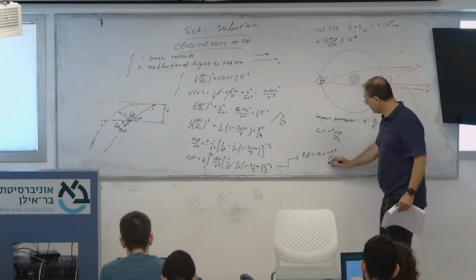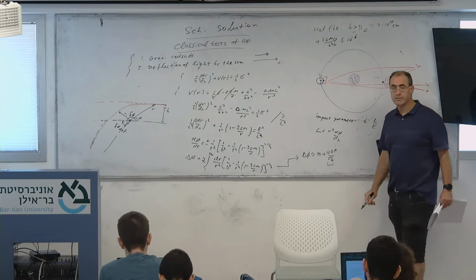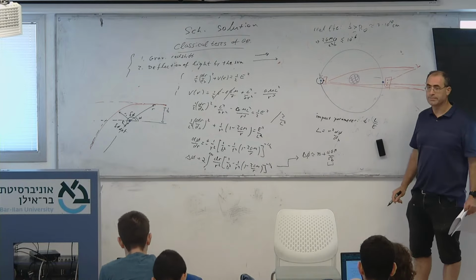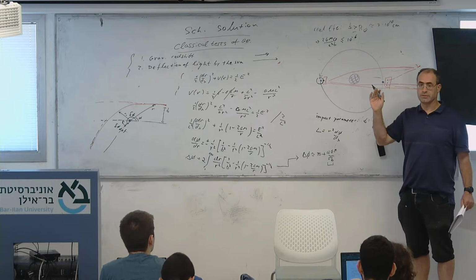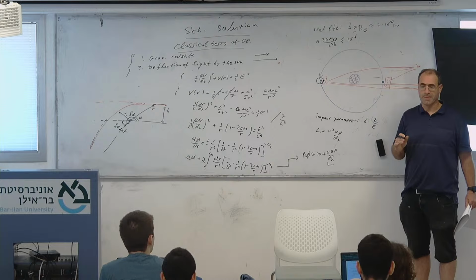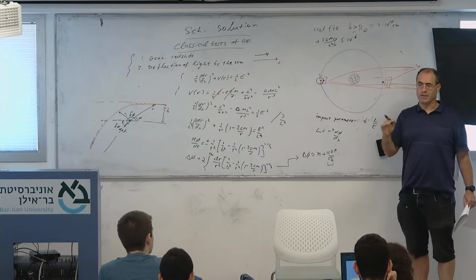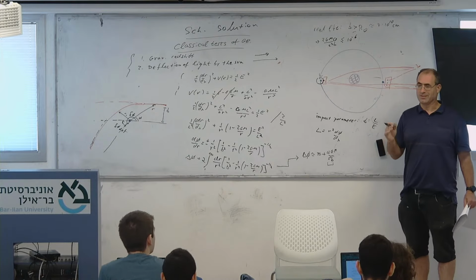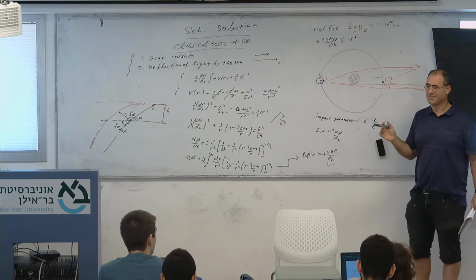That's very small, right? This is less than 2 arc seconds. You know what an arc second is? It's 1/60 of an arc minute. What is an arc minute? 1/60 of 1 degree.